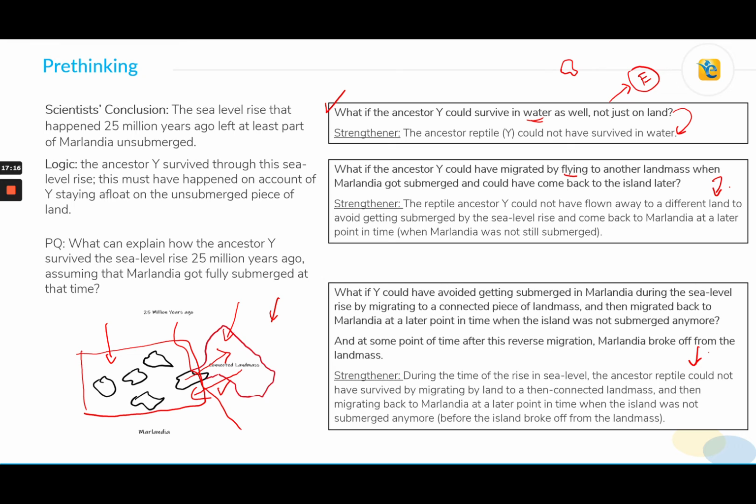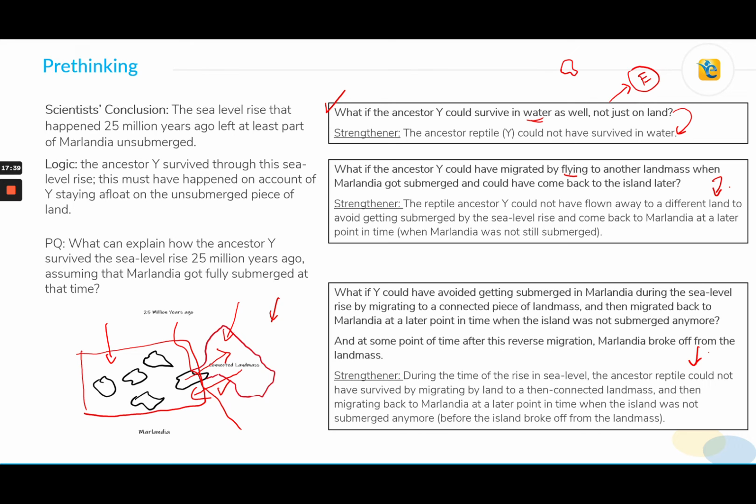It should say something like: 25 million years ago, when the sea level rose and the entire Marlandia island got submerged, this ancestor reptile did not even have the option. It could not have migrated by land to a connected landmass and then come back again when it was safer. That option did not exist. Something along these lines is also a valid strengthener.